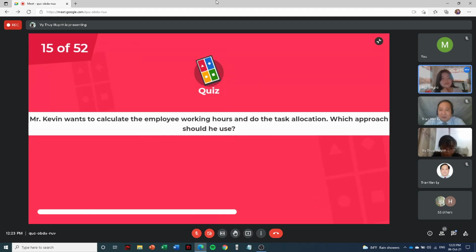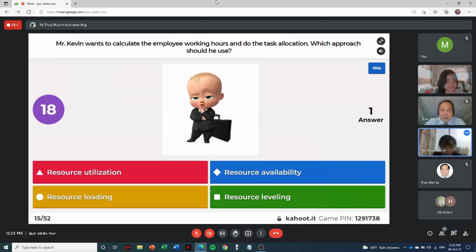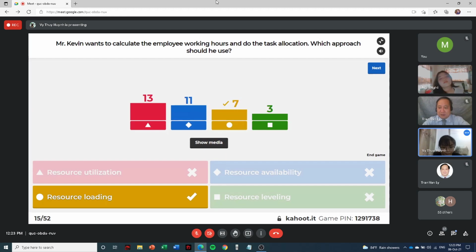Okay, the situation question. Mr. Kevin wants to calculate the employee working hours and do the task allocations. Which approach should he use? Resource loading.